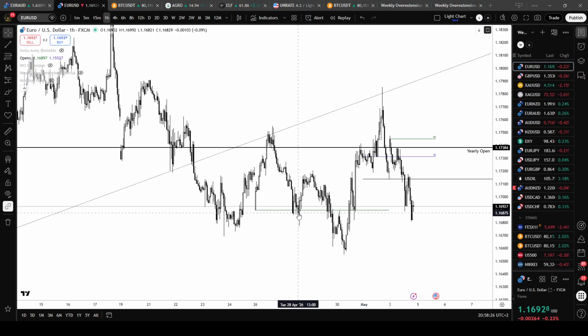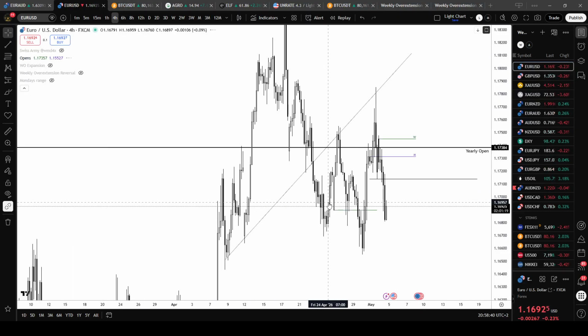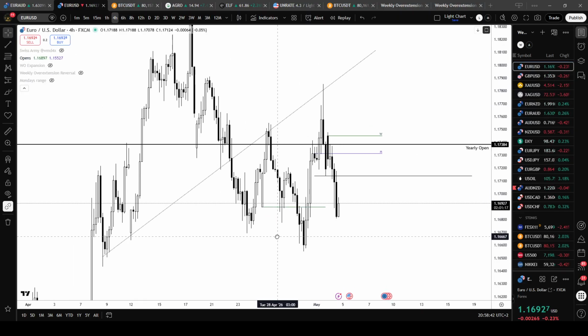So okay, how does the break below the weekly open look like? Well, first of all, you can remove a lot of noise if you move up to the H4 time frame.